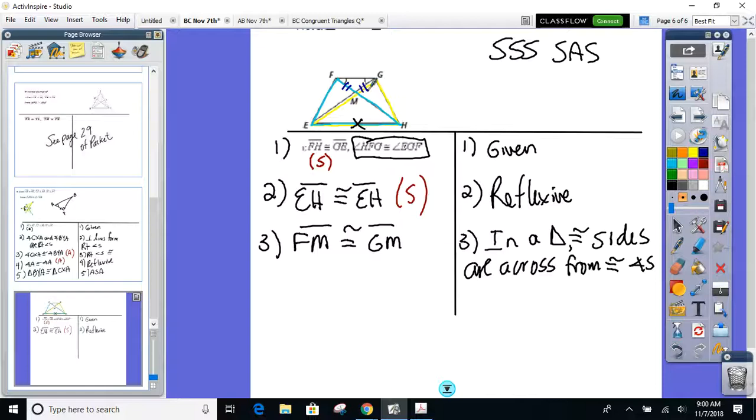And remember what we needed. Either these sides or these angles right there. And we're getting there. That was a step in the right direction by telling me those 2 sides are congruent.